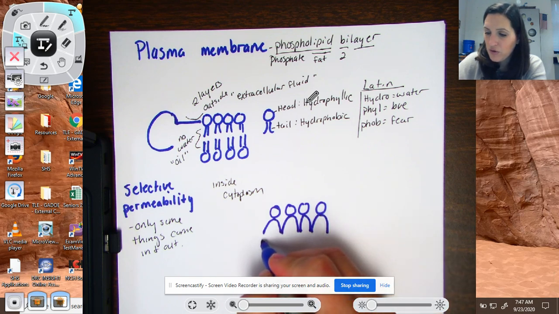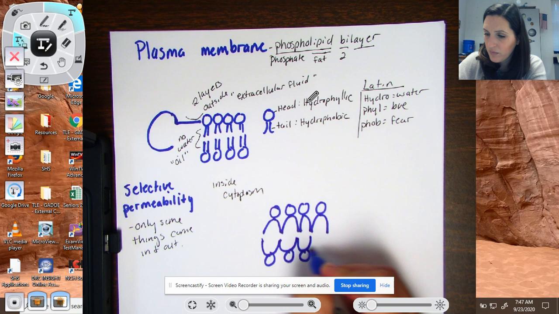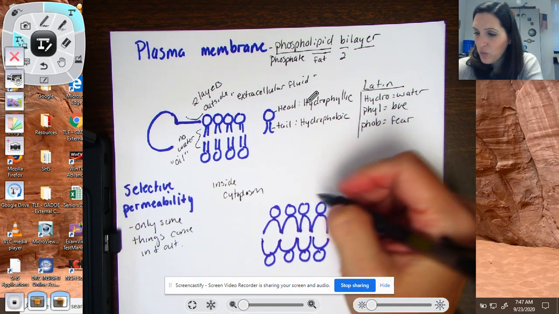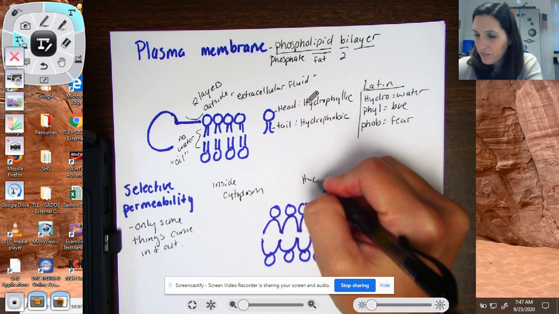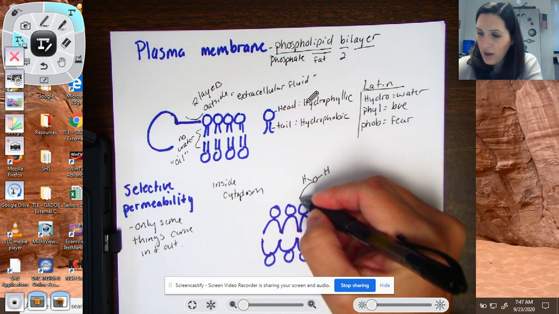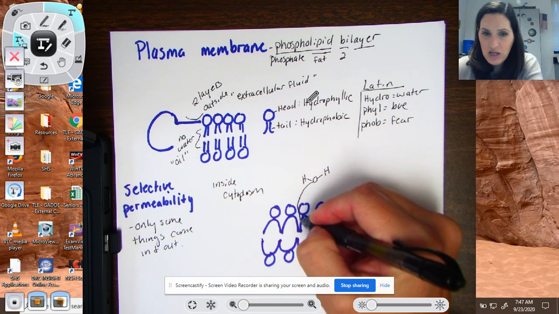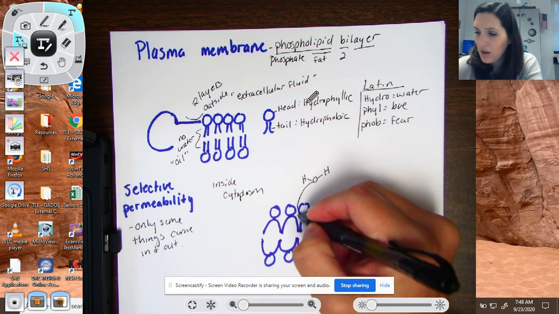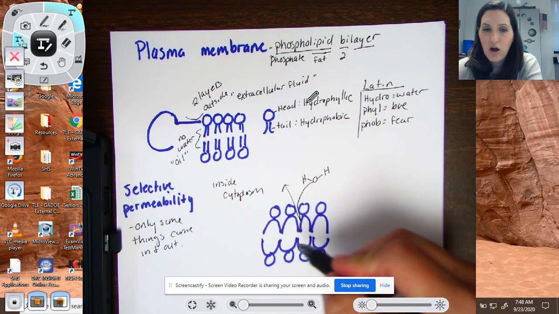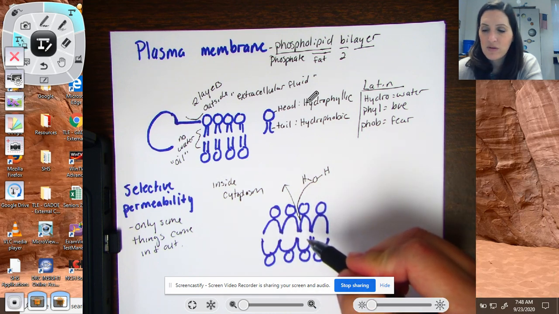And then the bottom tails are doing the same thing, where they're touching each other. So for example, let's have a little water molecule come through here. Normally, he's okay to pass through the head, but when he reaches the tails, if they don't want him to come in, he gets bounced back out. This area is going to stop movement through the cell membrane.